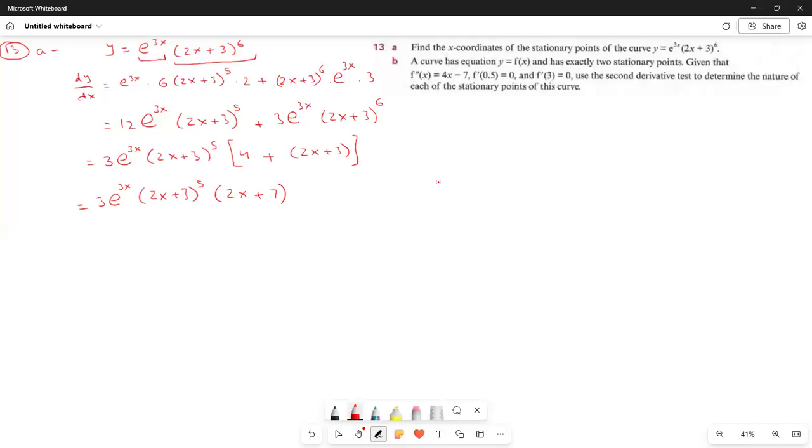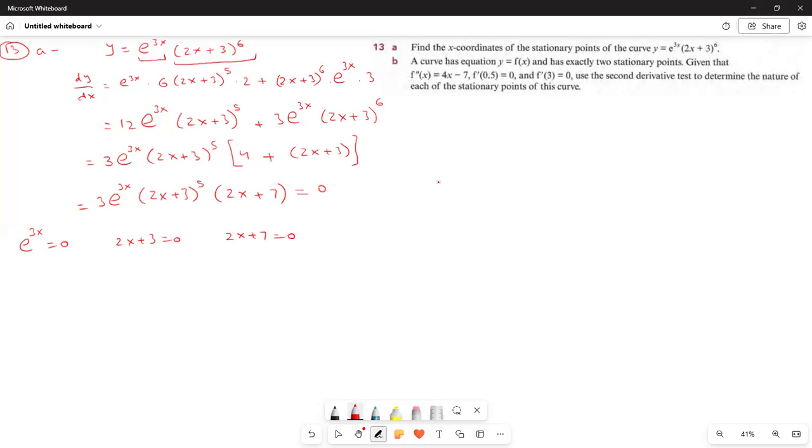Okay, and in order to find the stationary points, we need to make this thing equal to 0. Now this expression is going to be 0 if e to the power 3x is 0, or 2x + 3 is 0, or 2x + 7 is 0.